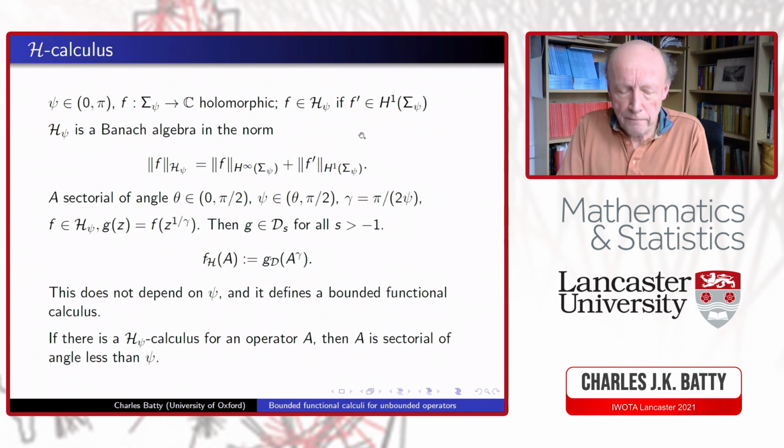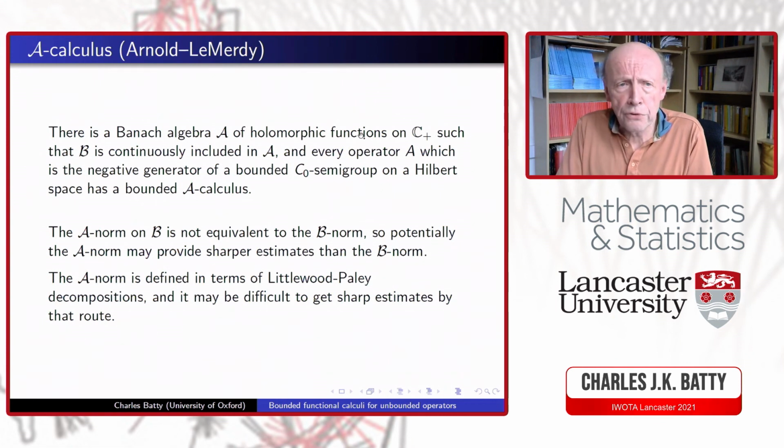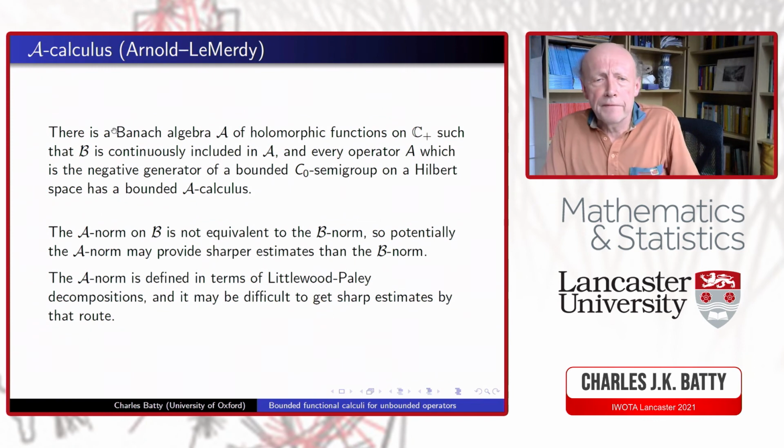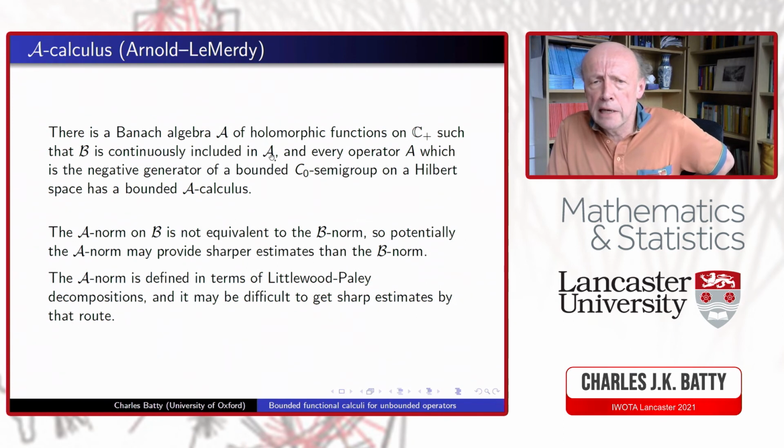So now I come very briefly to the fourth of these calculi, which is due to Loris Arnold and Christian Le Merdy, who have constructed a Banach algebra A of holomorphic functions on C+, so that our B space is continuously included in A, and every operator A which is the negative generator of a bounded semigroup on Hilbert space has a bounded A calculus.